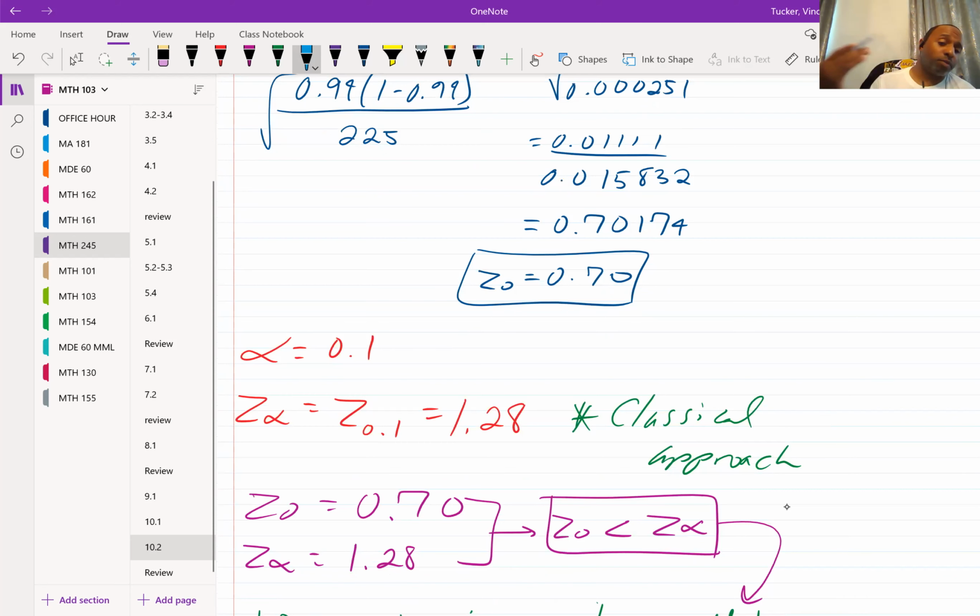Notice in the classical approach, when you get your sheet, it mentions Z alpha. The alpha that was given to us was 0.1. So there's Z 0.1.